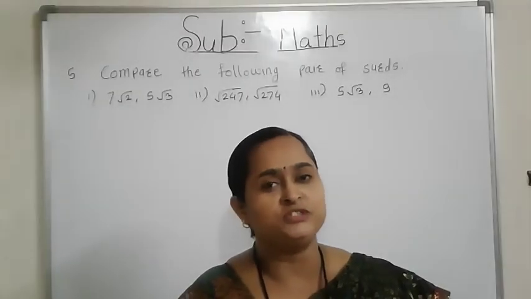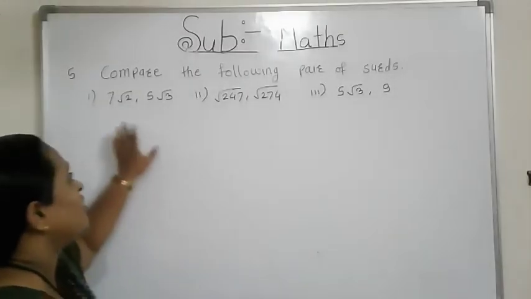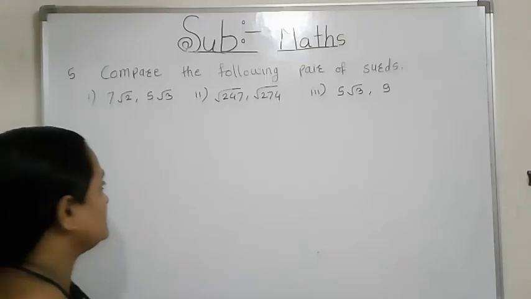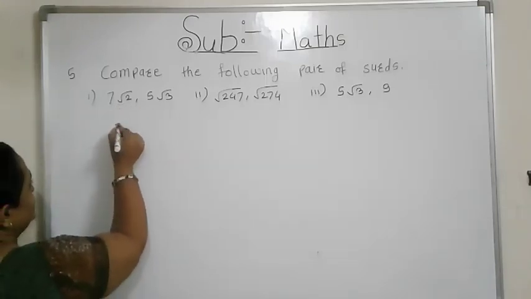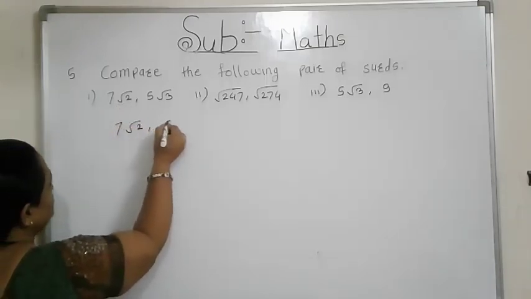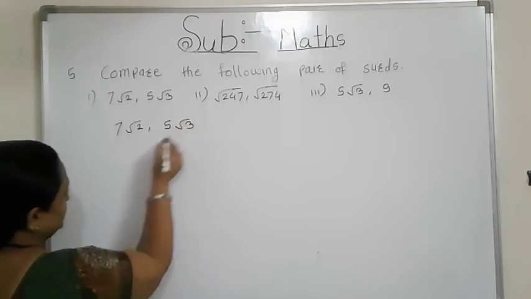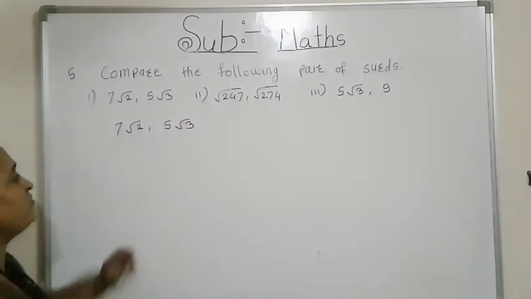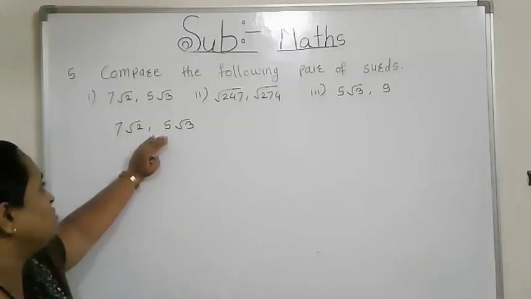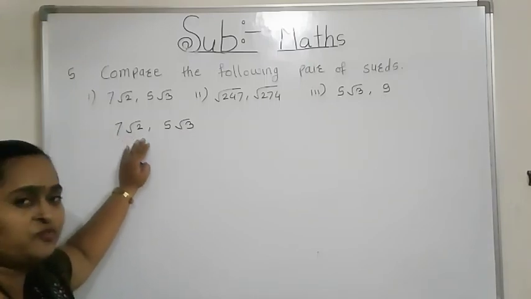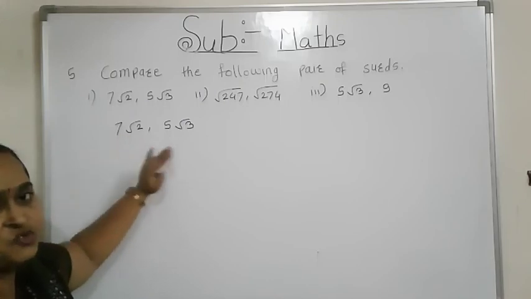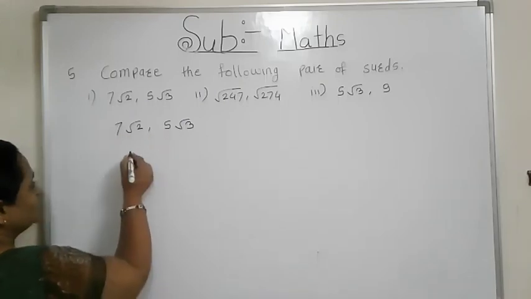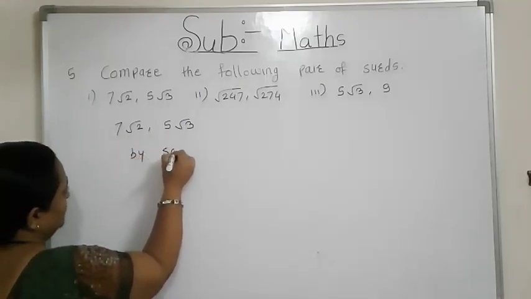Now let's see question number 5. Compare the following pair of surds. In that the first one is 7 root 2 and 5 root 3. Here is root 2 and here is root 3, and we want them the same. Either you have to take this 7 inside the square root or use squaring. Any method you can use. I will use the squaring method.